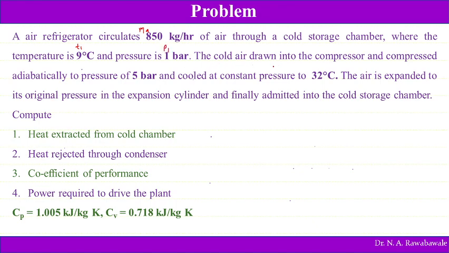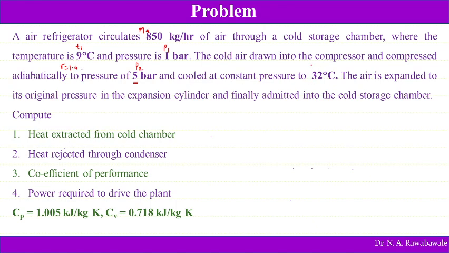The cold air is drawn into the compressor and compressed adiabatically. The index of compression gamma, we can take as 1.4 because it is compressed adiabatically, to a pressure of 5 bar. So P2 is 5 bar, and cooled at constant pressure to 32 degrees Celsius.